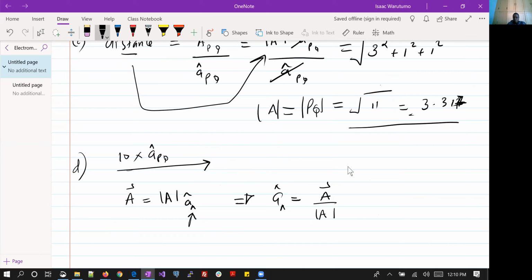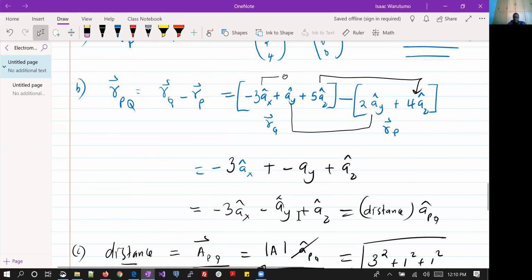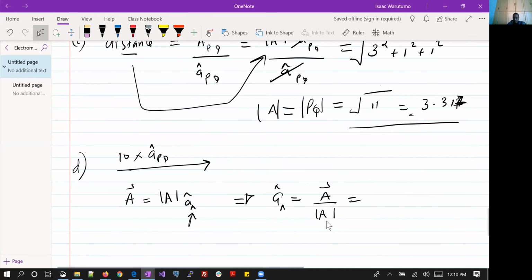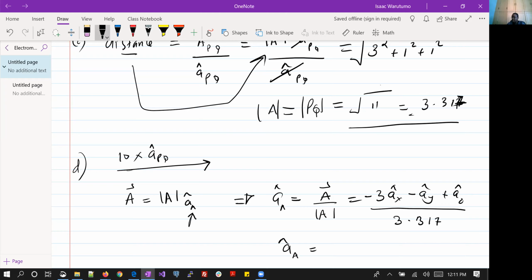What was our A? We had found our A to be minus 3AX, minus AY, plus AZ. Therefore, we need to divide by 3.317, and this will give us our A hat.